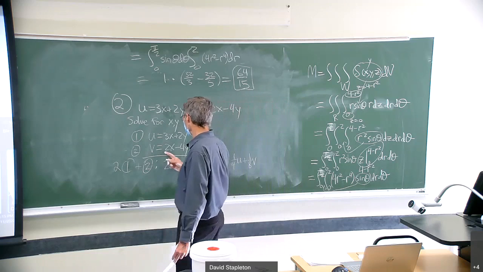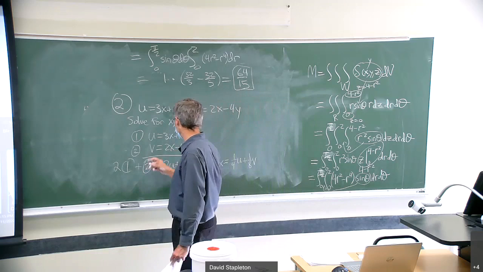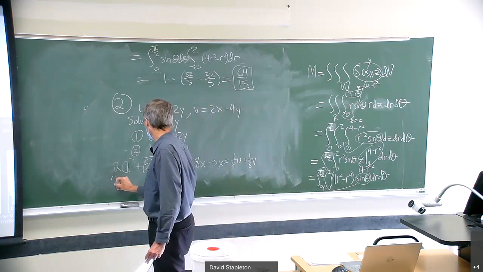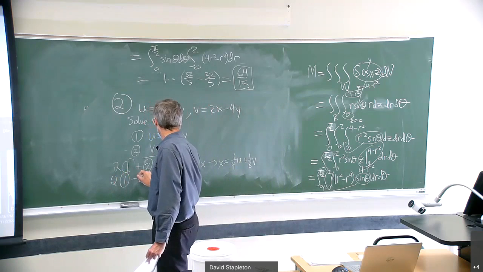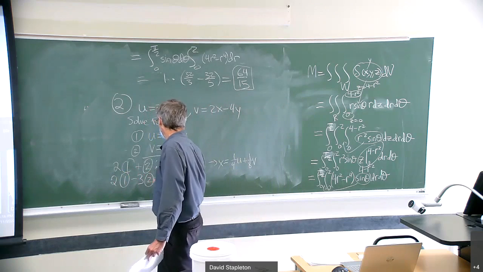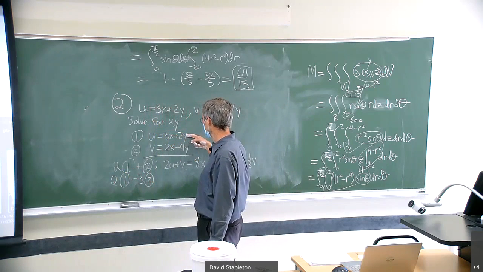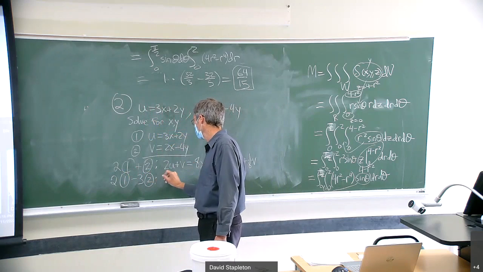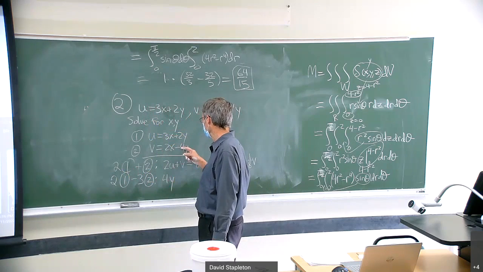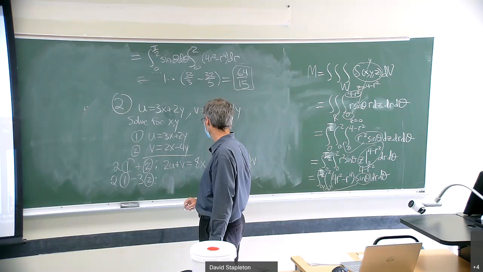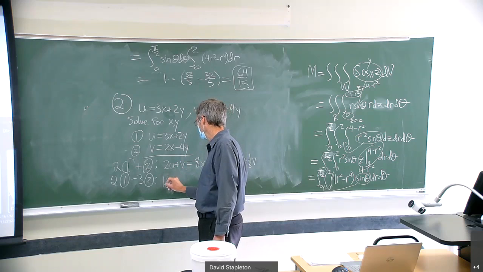And then I can make the x's cancel by taking 2 times the first one minus 3 times the second one. That'll give 6x minus 6x. They'll cancel. 2 times this one is 4y, minus 3 times this one is plus 12 more y. Makes 16y.